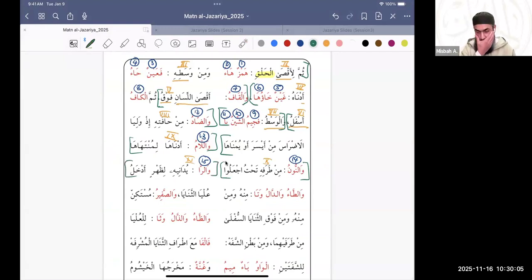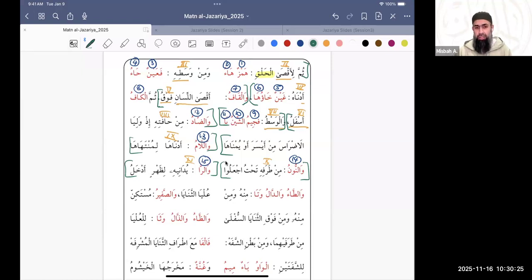We're still in the same region. Adna lisan, the tip of the tongue. Warra yudanihi li dhahrin adkhalu. I'll break it down, the text itself, so it's clear to you.